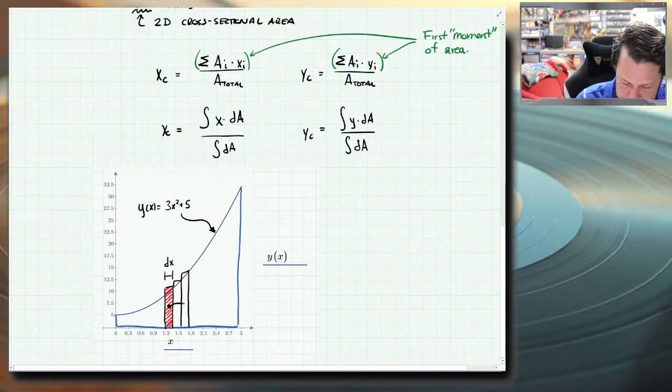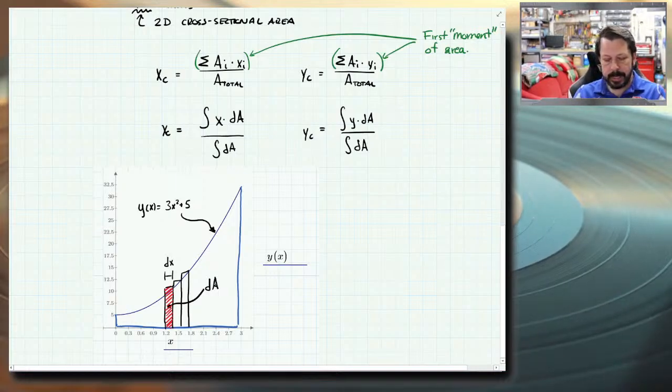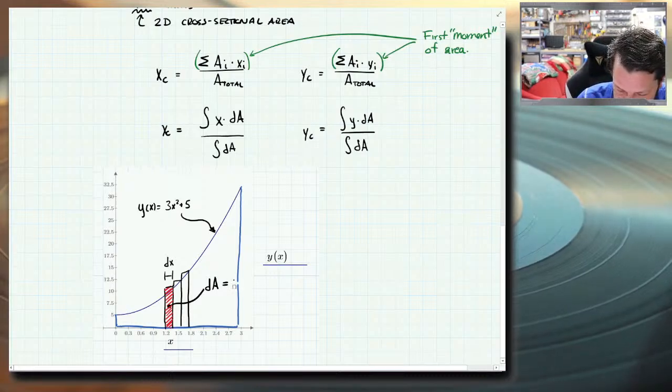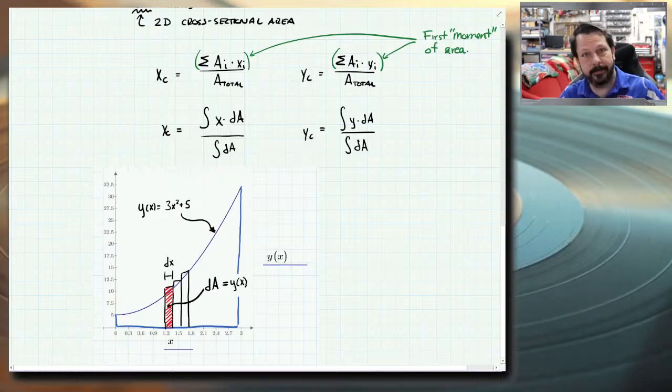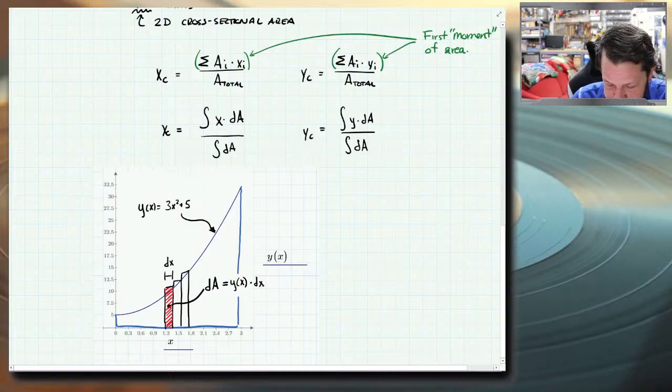Each one of these is dA, and dA would equal the height of any one of these rectangles, defined as y of x, because that's the equation that defines the top line of our shape, times the width of the rectangle, which I have labeled as dx.